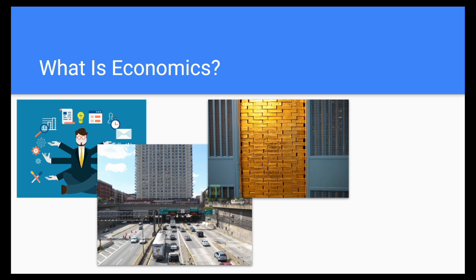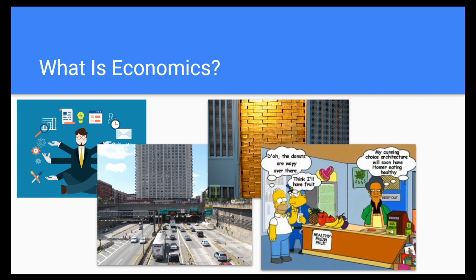Economics can also get into more of the micro world, right? So micro world in the sense of how people interact with each other and how they make everyday kind of choices. So in this cartoon here, you're getting an idea that Homer is reconsidering his choice for a snack in some ways because of the proximity of the fruits versus the donuts.